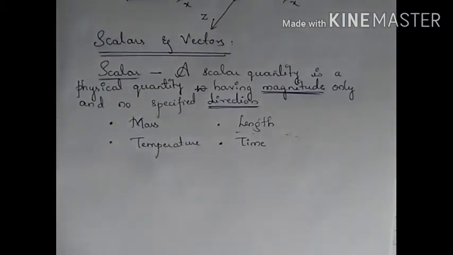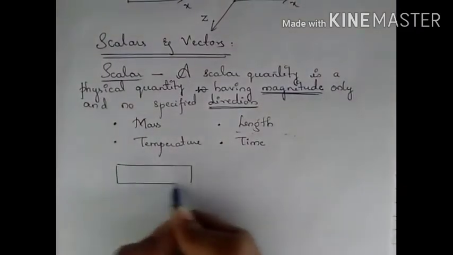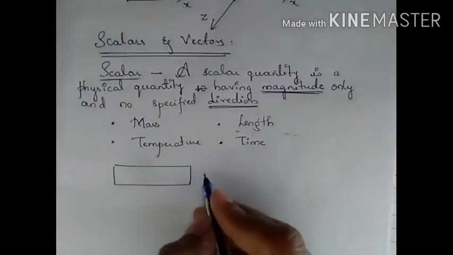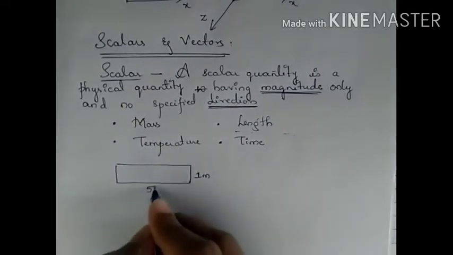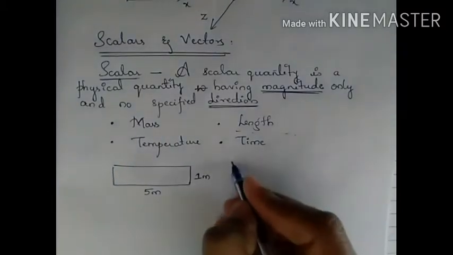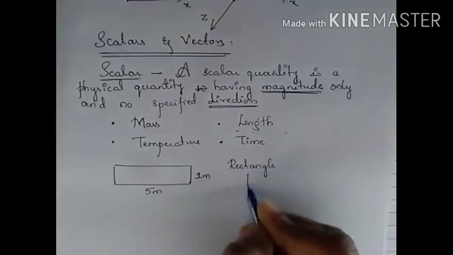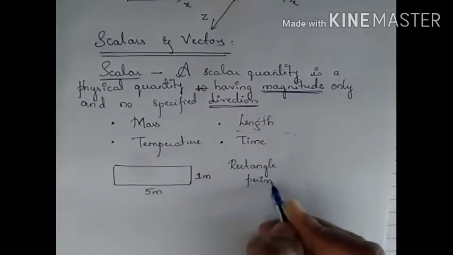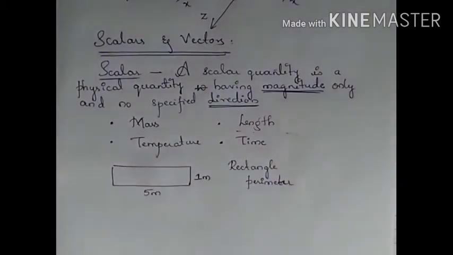For example, you have a rectangle. The length of the rectangle is 1 meter and the breadth of it is 5 meters. Then what will the perimeter of the rectangle be?